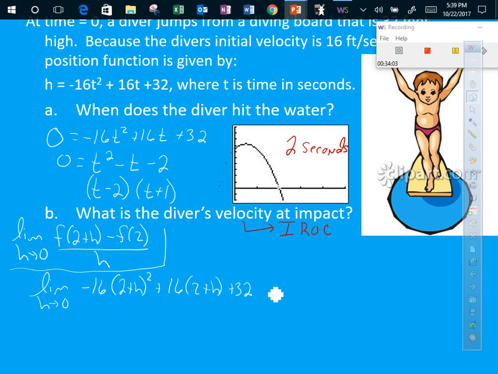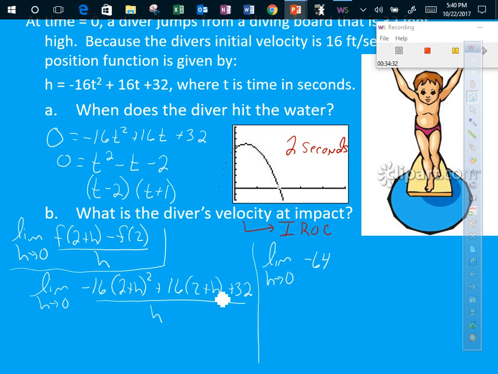So I don't have anything there. All over h. Well, guys, what I'm going to do, hopefully this won't confuse you, but I am going to FOIL out 2 plus h and get 4 plus 4h plus h squared, and I'm going to distribute a negative 16. So 2 squared was 4, times negative 16 is going to be negative 64.